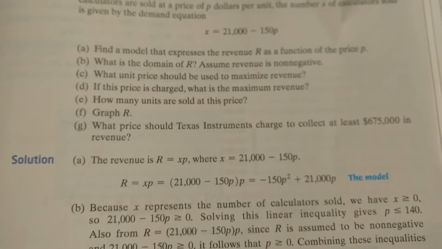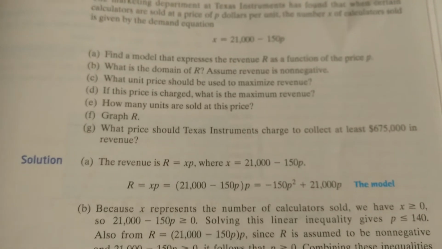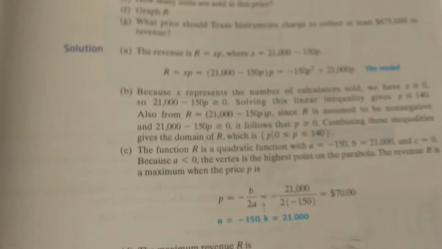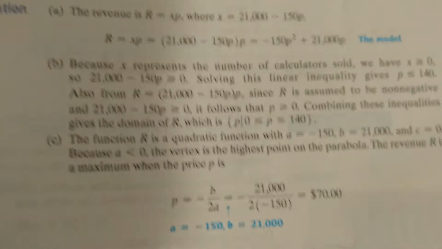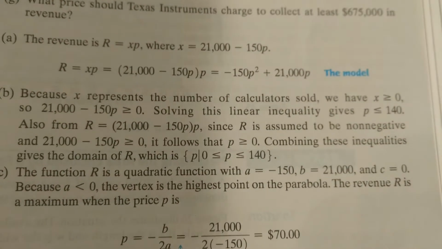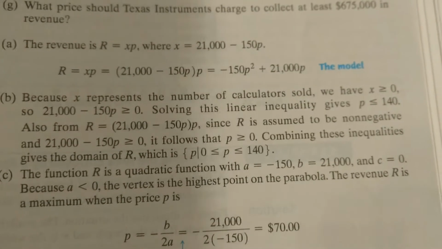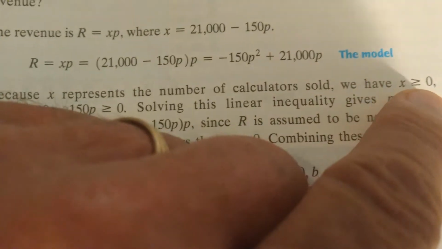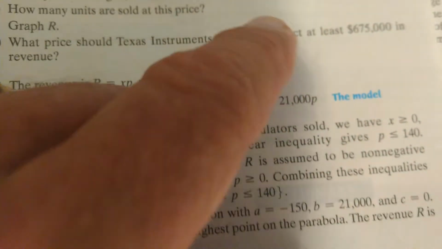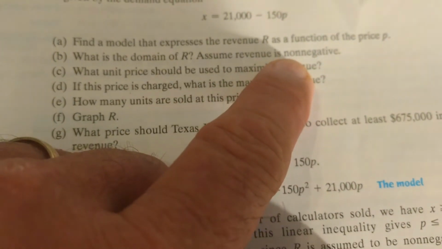Letter B says, what is the domain of R? Assume revenue is non-negative. Well, look. If we look at this right here, think about our domain problems. Basically, if we're looking at the domain, then we have to understand that everything has to be greater than or equal to 0, because it states in the problem up here, letter B, that revenue is non-negative.